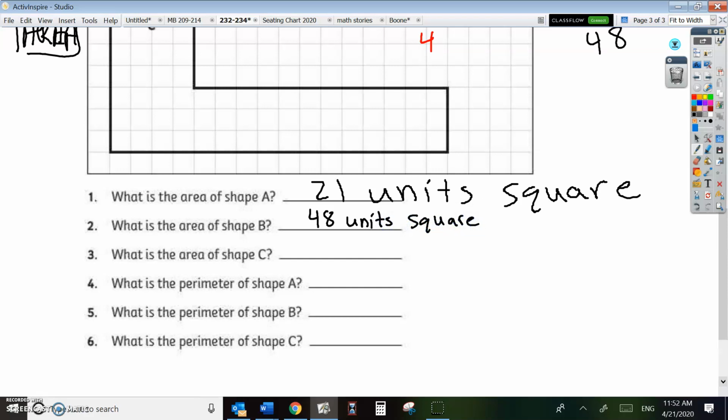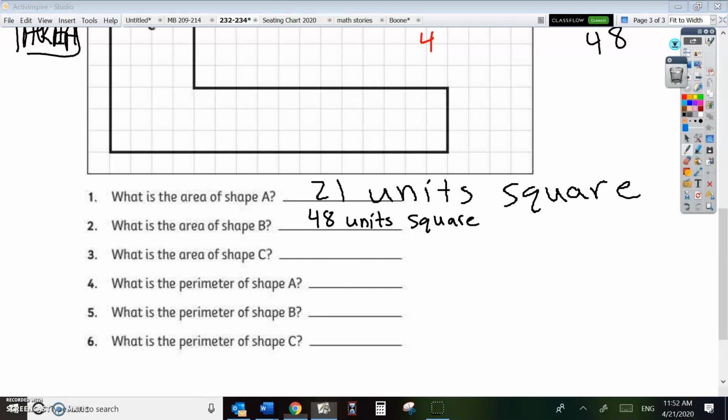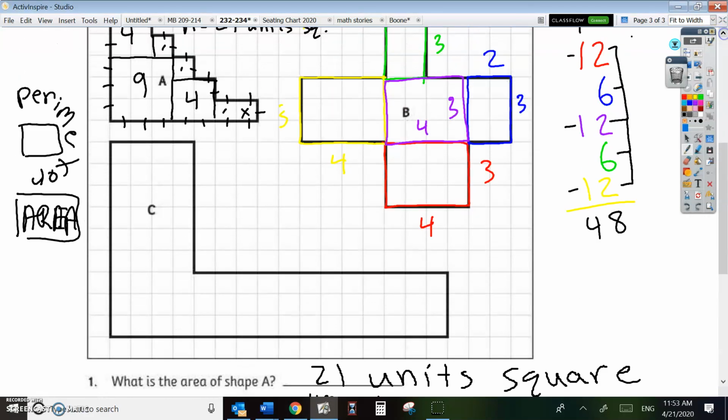Now let's find the area of shape C. Cut that right there and count that. That's 4 by 1, 2, 3, 4, 5, 6. 4 times 6 is 24.